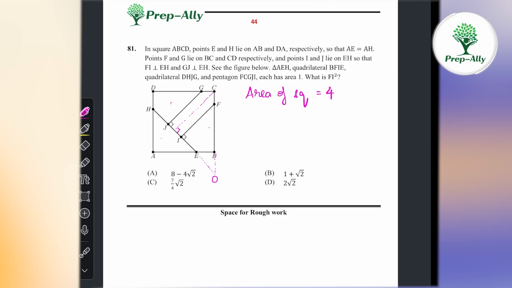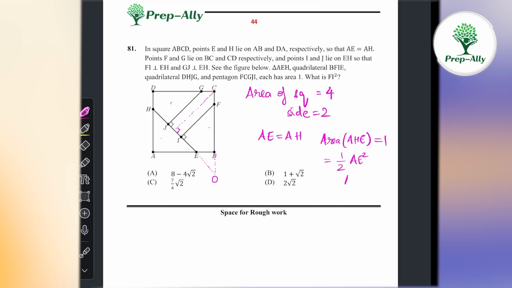So the side of the square is 2, and AE equals AH, and the area of AHE equals 1, which is equal to half AE squared, or AE into AH, which can be written as AE squared.